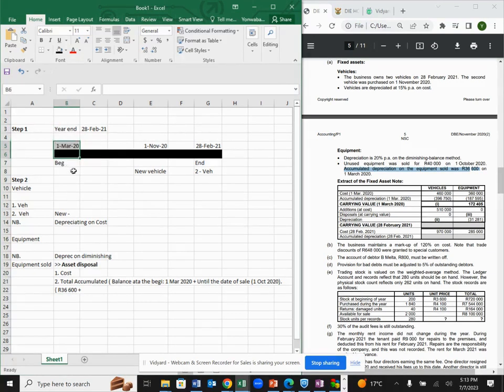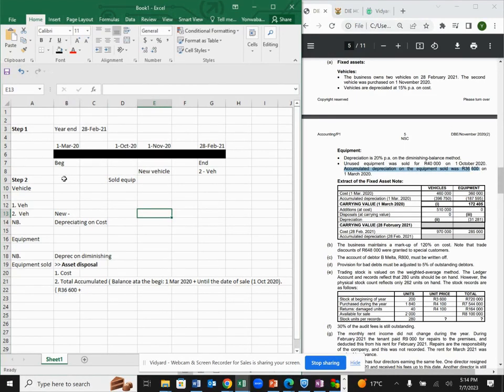But now we need depreciation again up to which period? It was sold on 1st October 2020. So we're going to need depreciation on the sold equipment. We need depreciation from this date and here so that we can add it here, so that we have the entire depreciation of this asset up until the date of sale.